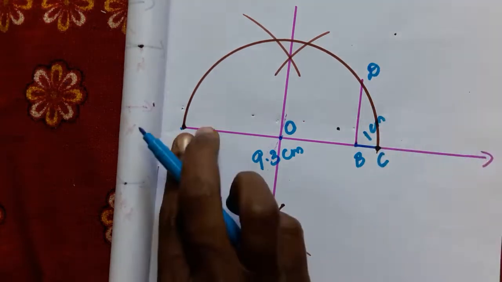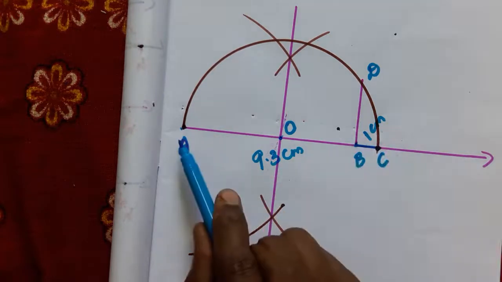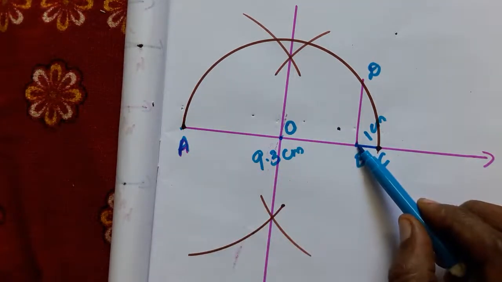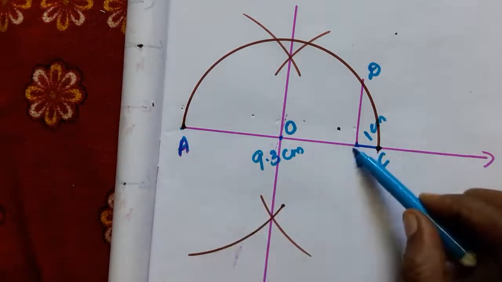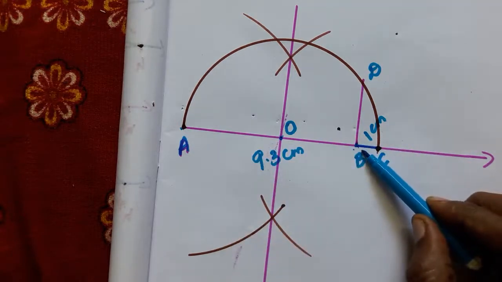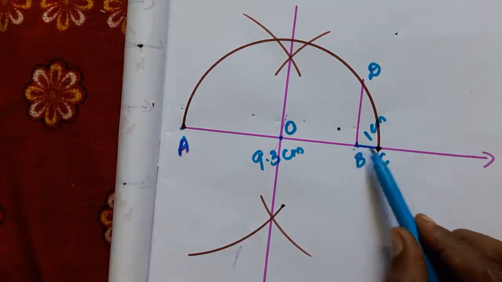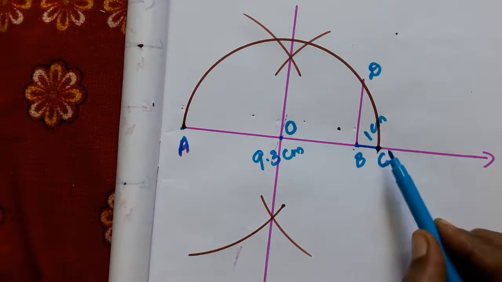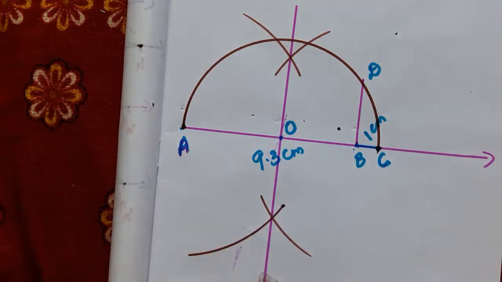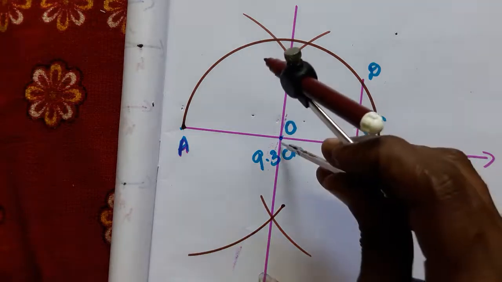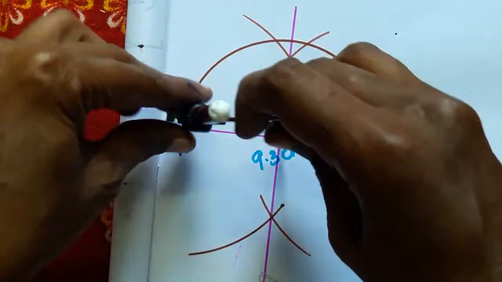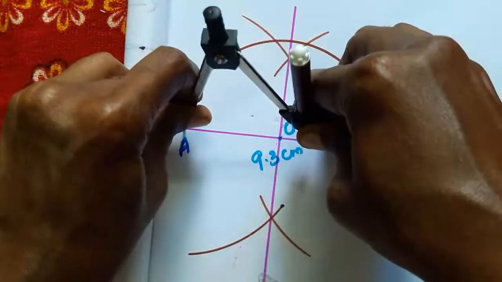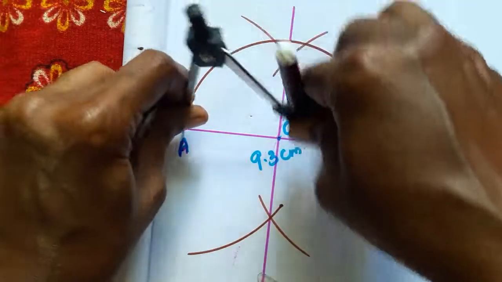Have you understood? First draw a line. Next mark a starting point A. Next measure 9.3 centimeter such that AB is equal to 9.3 centimeter. Next mark a point C such that BC is equal to 1 centimeter. Draw a perpendicular bisector of AC using a compass. Take more than half of AC.